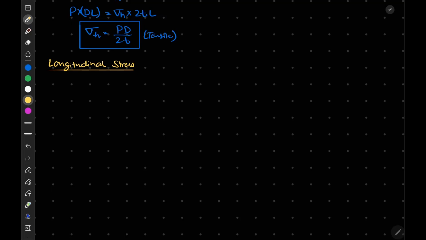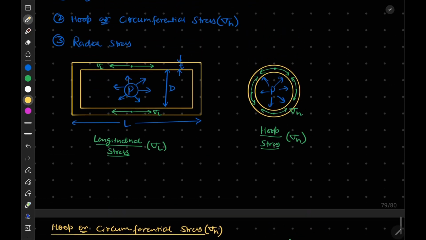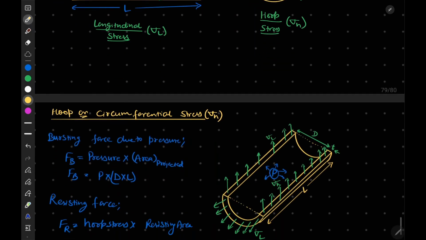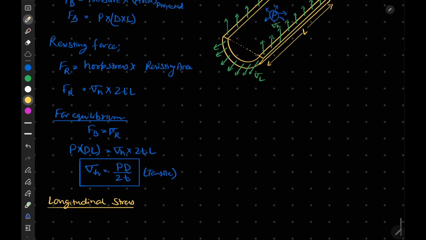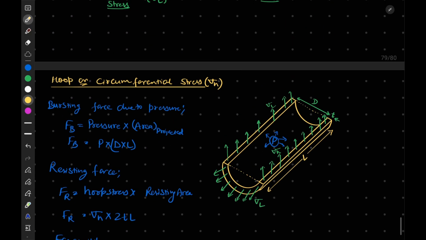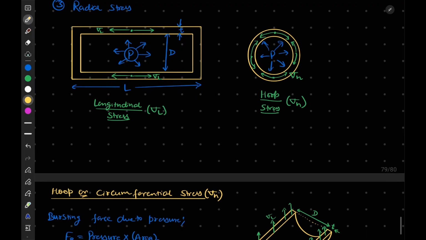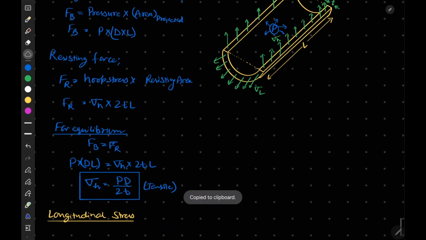In the case of calculating hoop stress, we cut this cylinder along the horizontal axis. Now we will cut it along the vertical axis, so it would look something like this.